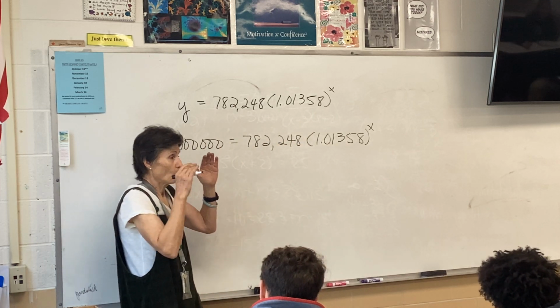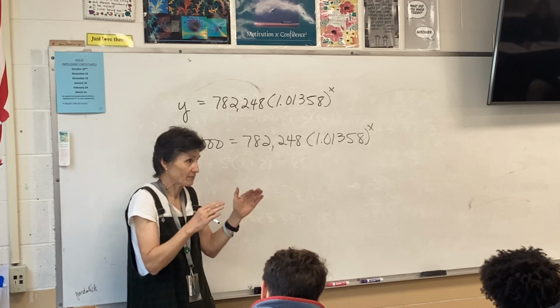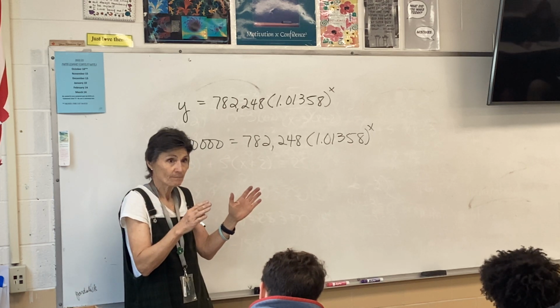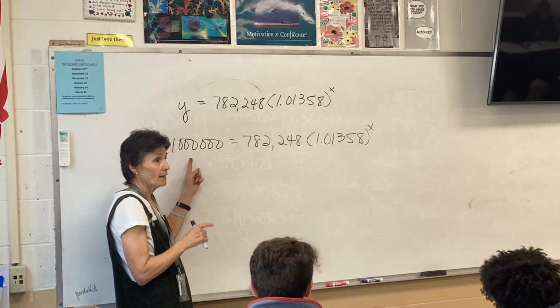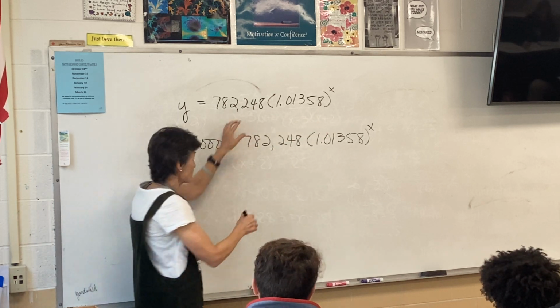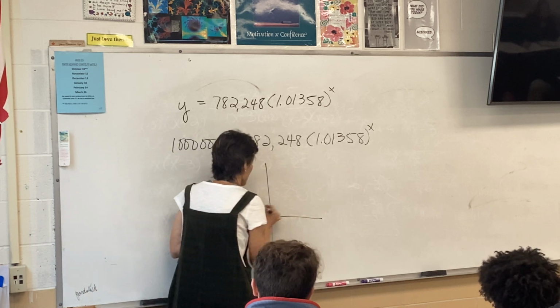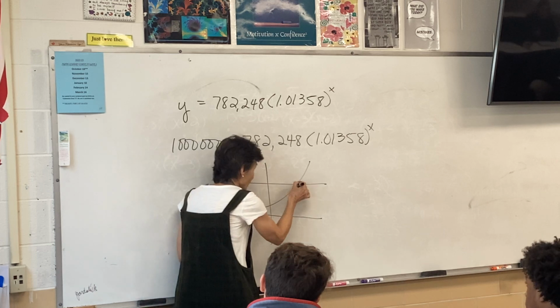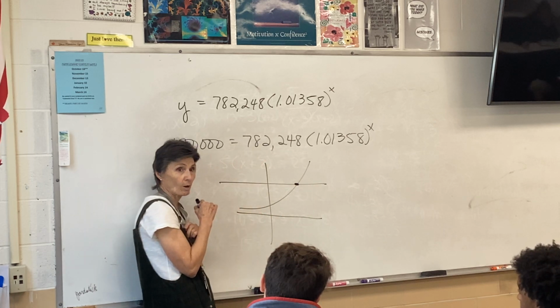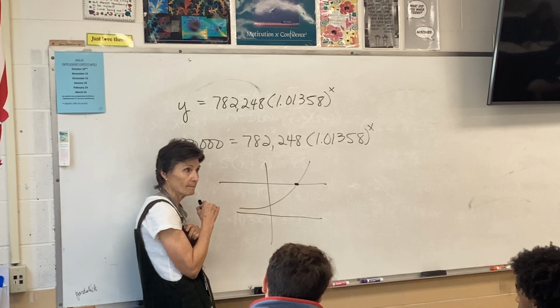So we're all clear we could solve it graphically, right? Put in this equation, put in 1 million, and look right across. That's an exponential, so you know its shape is going to be like this. Here's 1 million. That would be the point you would be looking for if we were doing it graphically.